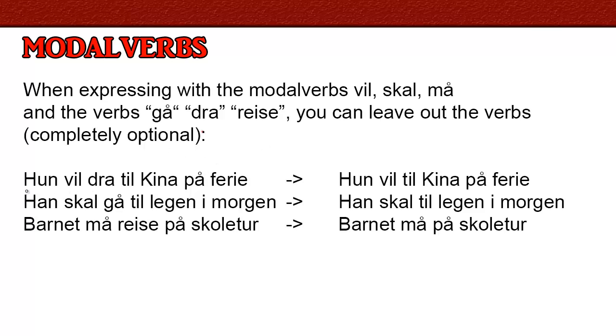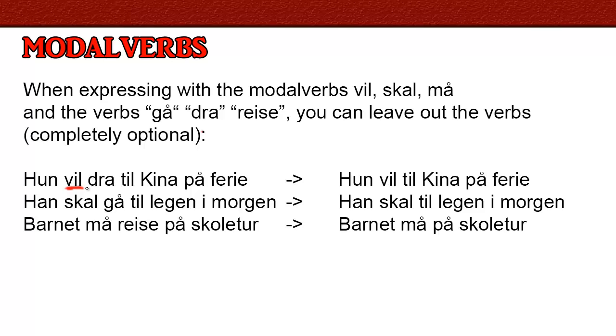So, hun vil dra til Kina på ferie. This can mean two things: she's going to, or she wants to. In Norwegian, this is a bit of a problem with the verb vil. It doesn't create exactly the distinction; it's based on context.